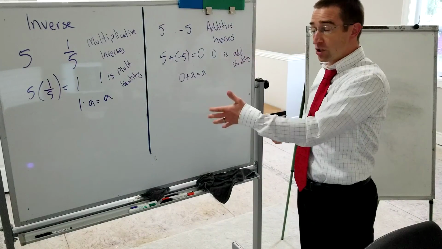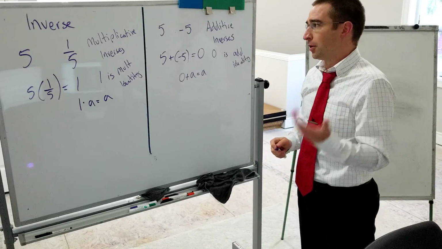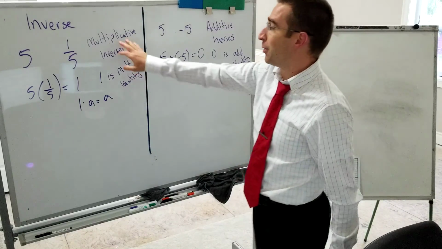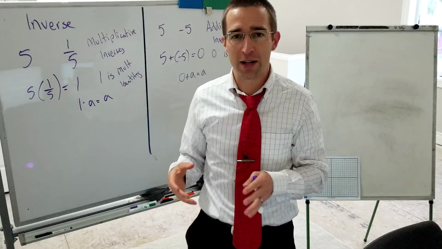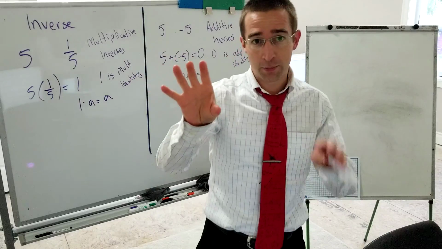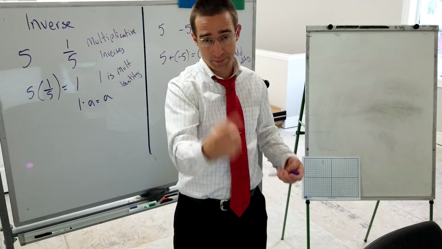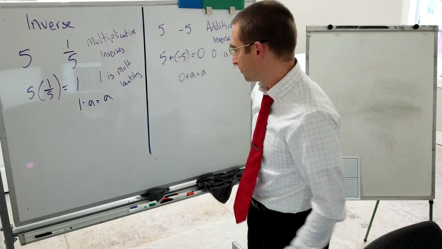With multiplication, every number except 0 has a multiplicative inverse, where if you take that number and multiply it by its inverse, you get 1. 0 is special, because you can't divide by 0.